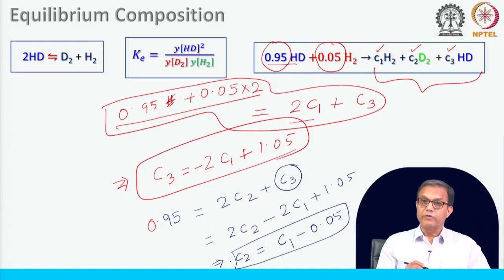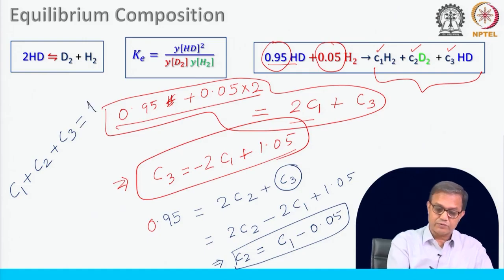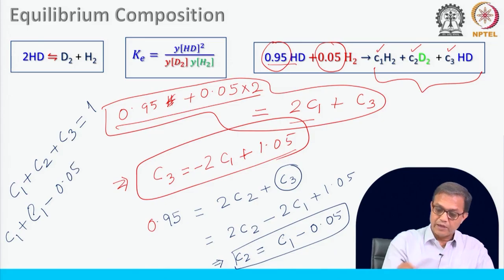So, altogether we will have 3 components, C1 plus C2 plus C3, and this is supposed to be 1. If we combine these, C1 plus C2, I am sorry, C1 minus 0.05, and C3 is minus 2 C1 plus 1.05.